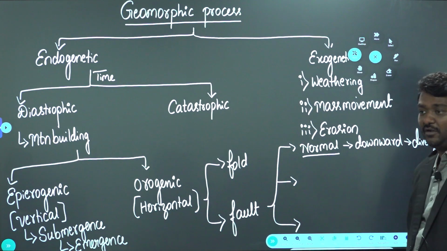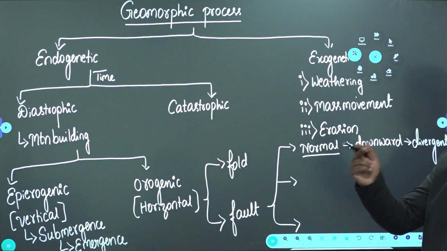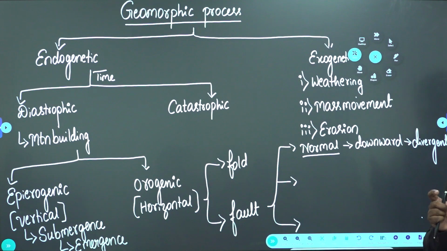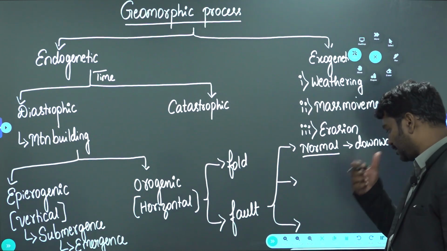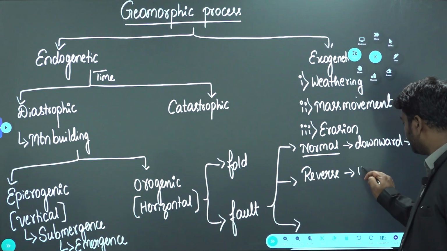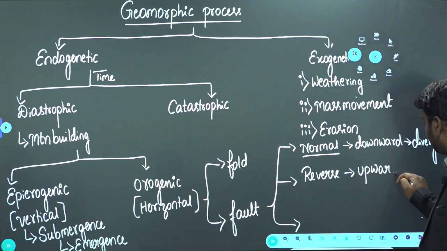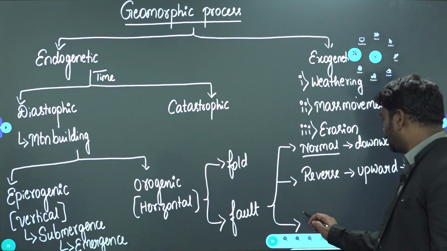In India, can you name a fault? What separates peninsular plateau, Chota Nagpur plateau from northeastern plateau? Malda fault. Okay, Malda fault. Normal, reverse is upward, it is convergent boundary. Himalayas is reverse fault. What is the third?